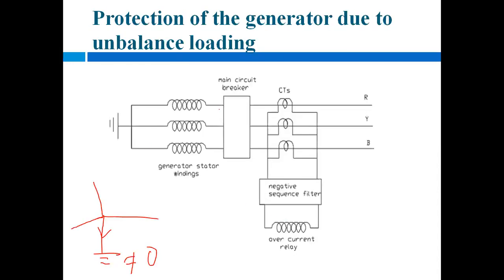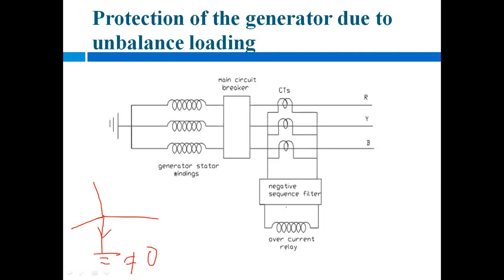Okay, so for that purpose, if there is unbalanced loading, we use this negative sequence filter, and an overcurrent relay is also used. The stator winding is the same, everything is the same as for generator protection.